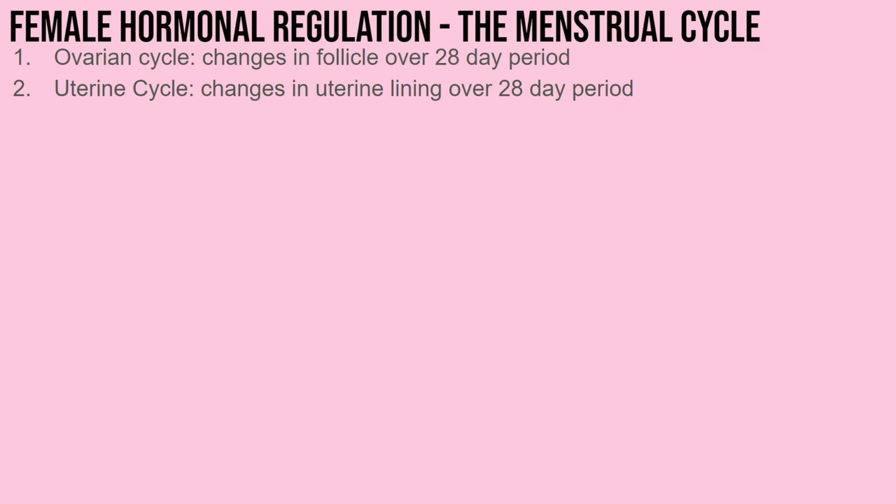Now into the late follicular phase. At this point, we're building up estrogen because we selected a dominant follicle that's releasing a bunch of estrogen. So an increase in estrogen leads to the LH surge.